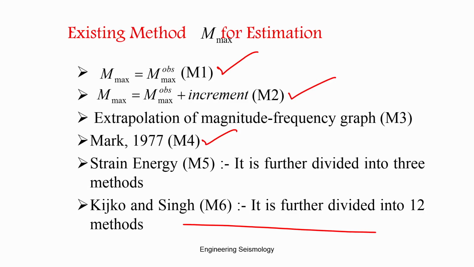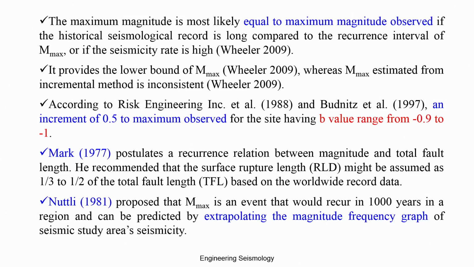It does nothing else, only statistically looks at your data and tries to arrive at the M max. We are going to discuss all these methods in detail, plus the new method I have developed.